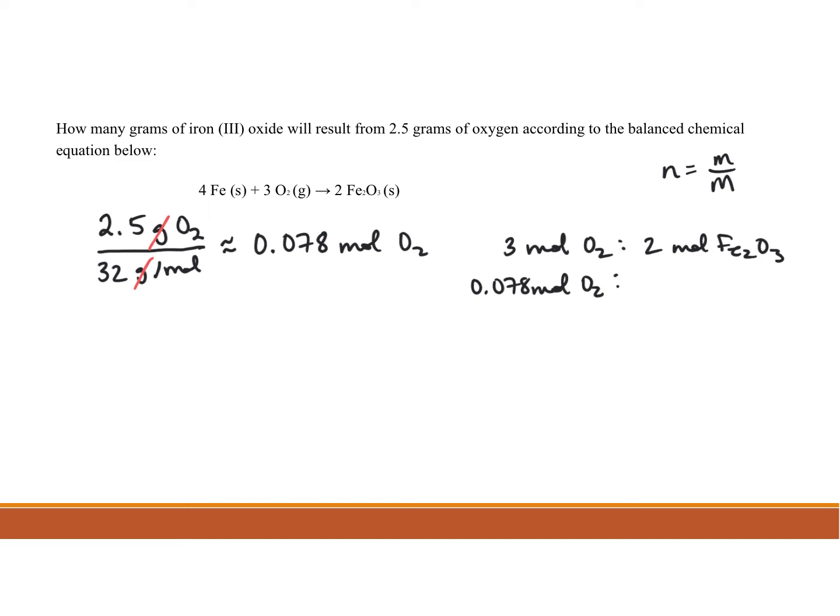You want it to be a smaller number than 0.078, because when you look at the mole ratio, this is 3 to 2. So we could either multiply this by 3 over 2 or 2 over 3. It would make more sense to multiply it by 2/3, because that's the smaller quantity, resulting in a smaller quantity. And that would give you 0.052 moles Fe2O3.